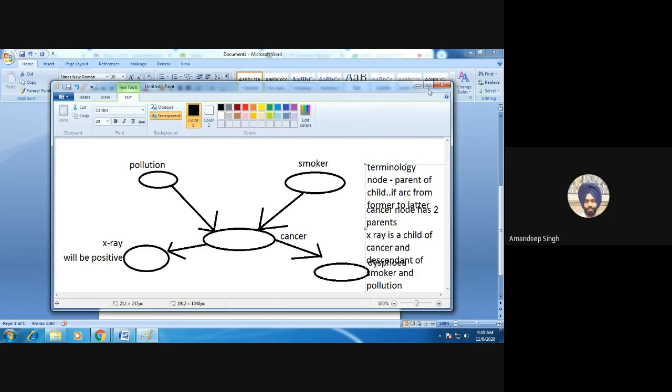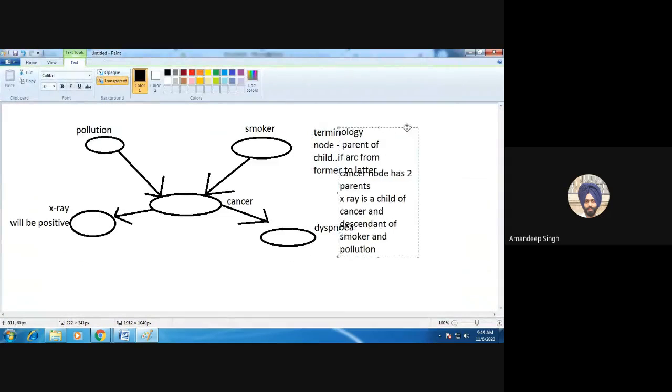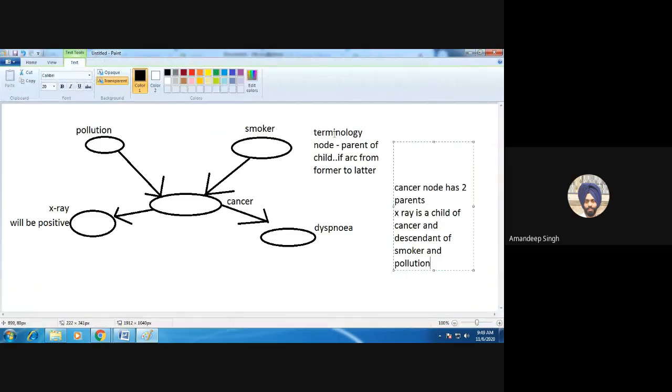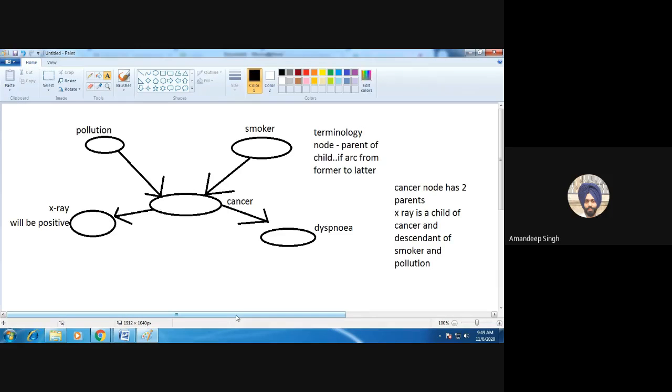Fine. So I hope this terminology is clear. So this is also part of this terminology. So this is the general terminology that we are discussing with respect to our simple Bayesian network diagram basically. Fine.